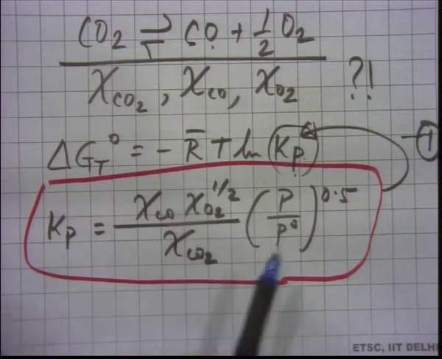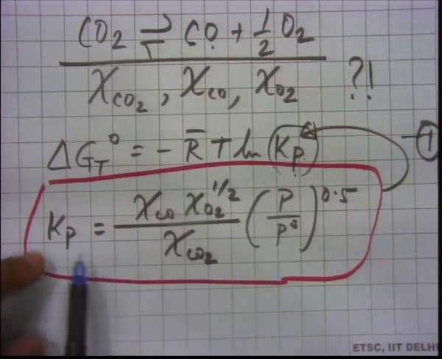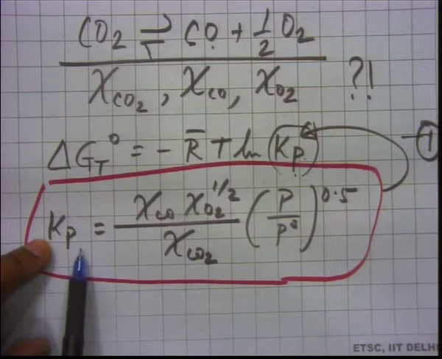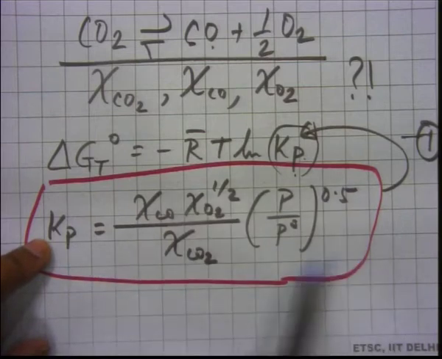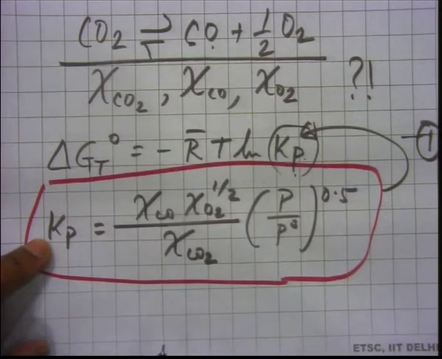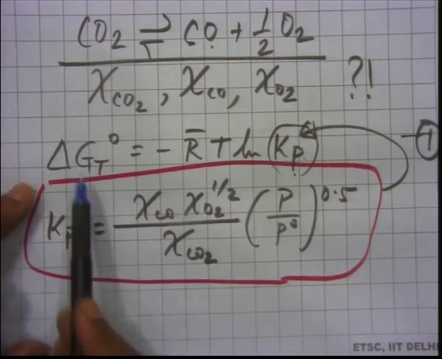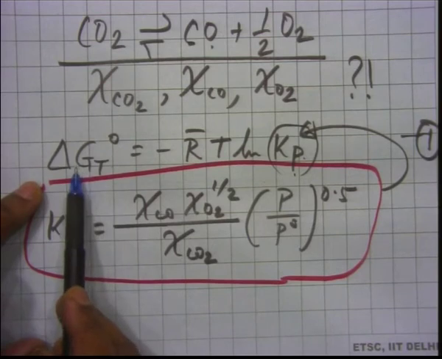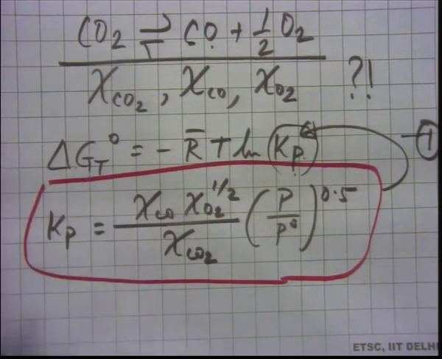Delta GT naught equation comes from the second law. Kp is the equilibrium constant definition. This red box is not second law. This one is second law. So, you place this here. Now, the delta GT naught can be calculated.